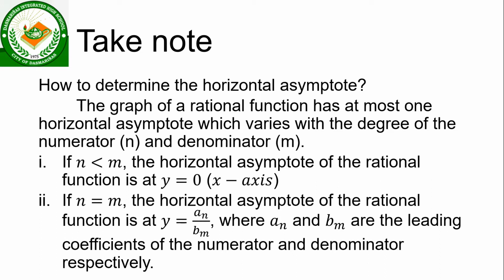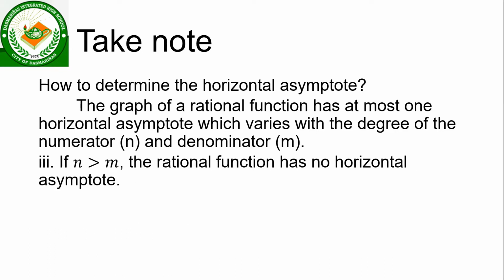So if they have the same degree, you're just going to look at the leading coefficients of the numerator and the denominator. For the third case, if n, the degree of the numerator, is greater than the degree of the denominator m, the rational function has no horizontal asymptote.